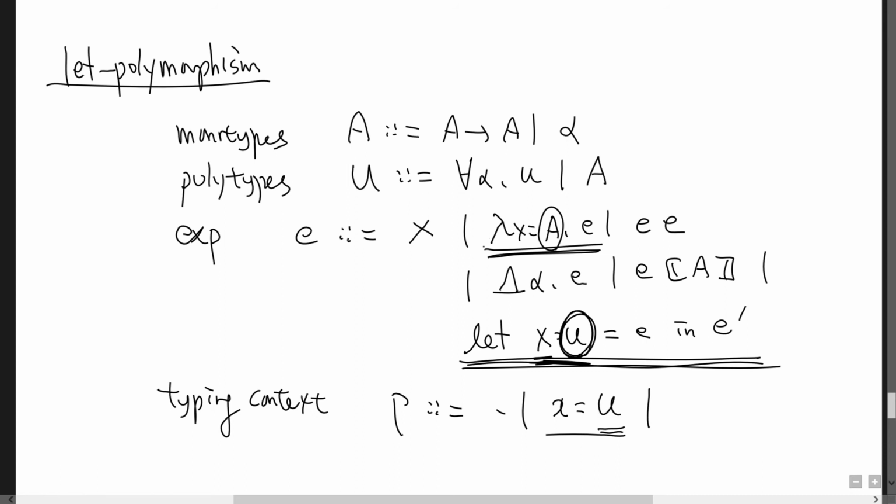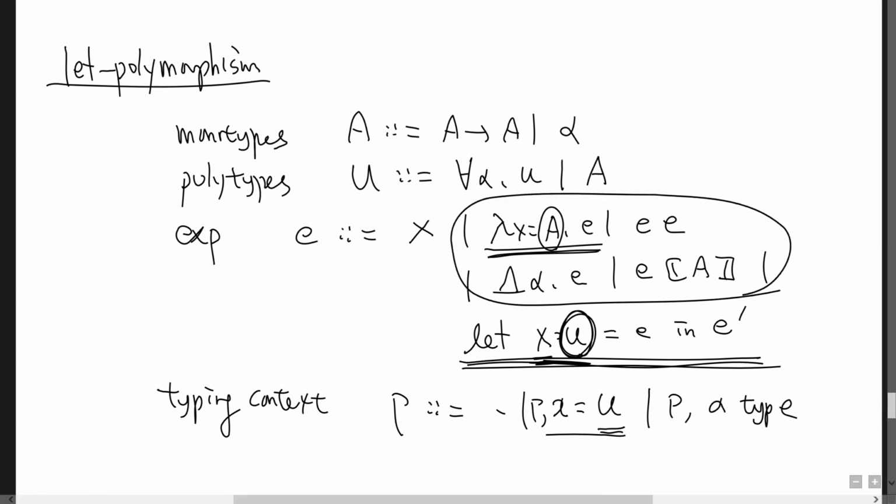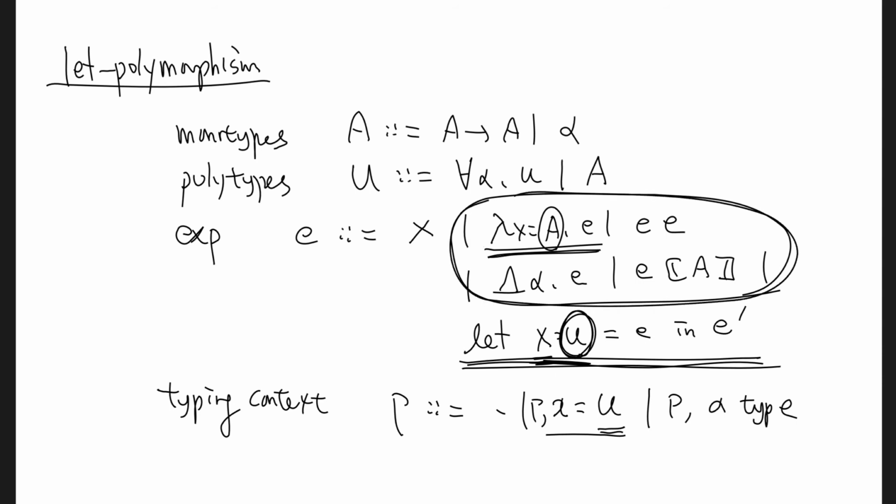And then we have type variable declaration. The typing rules for the existing language constructs, these four language constructs, are identical to predicative polymorphic lambda calculus.